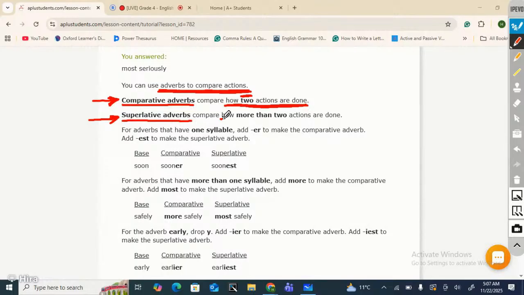Superlative adverbs compare how more than two actions are done. Well, this is the difference. Comparative adverbs compare two actions. Superlative adverbs compare more than two. And more than two can be any number of actions, but it should be more than two.